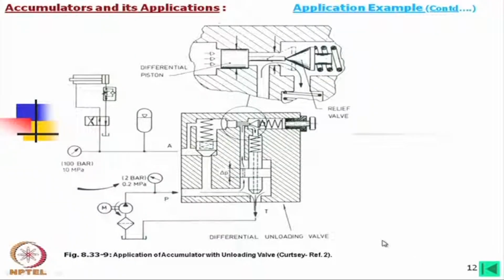Now, another application is shown here, in that this is the unloading valve. We have earlier learned what unloading is. Unloading means while the system is not working, in that case we have to unload this pump.